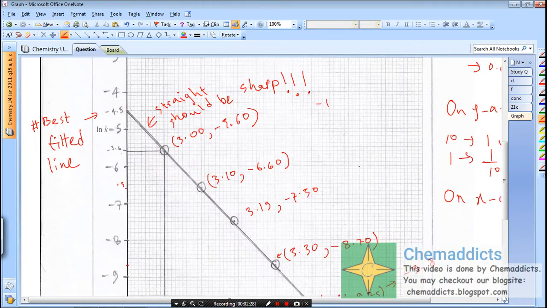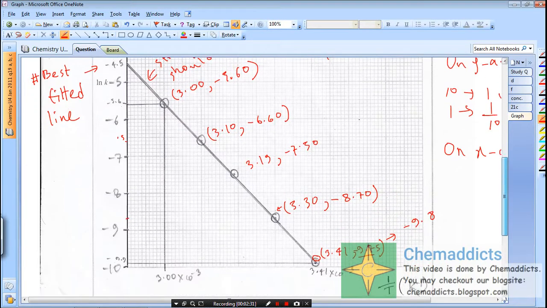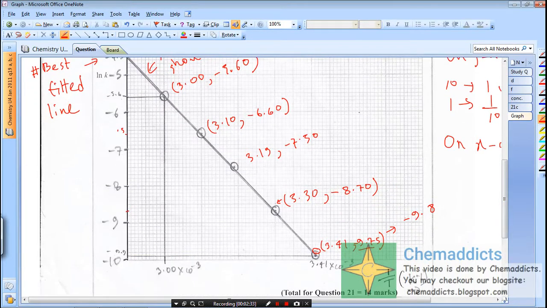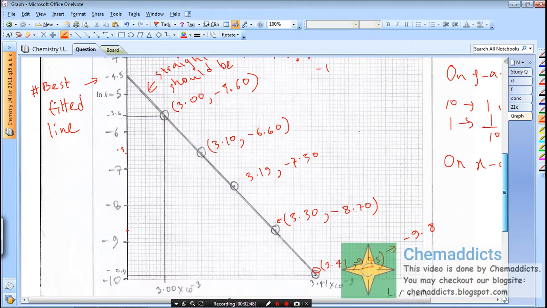So here is the graph. One thing to mention is that we need to take the largest triangle possible. In this case, we're going to take this particular point and this particular point.